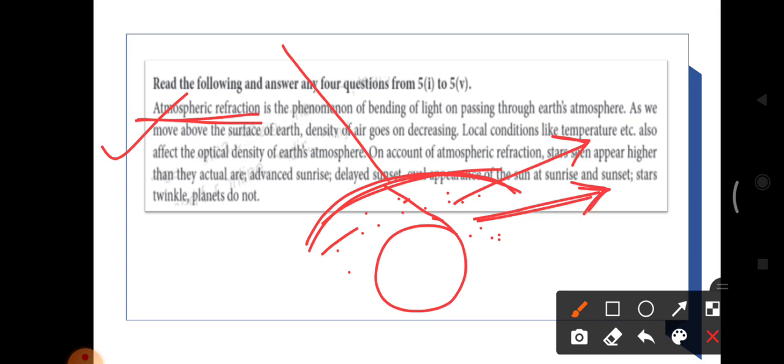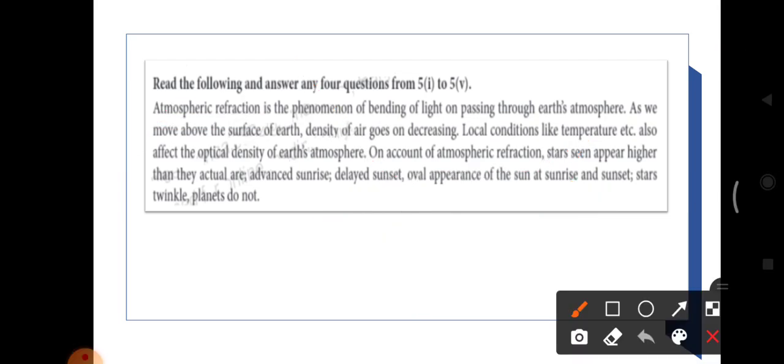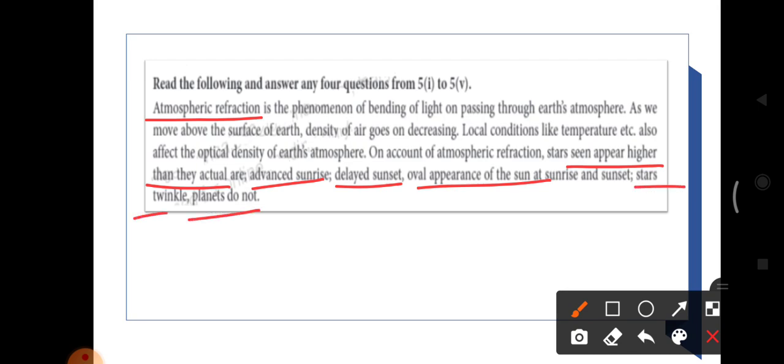It can change from time to time. Due to that atmospheric refraction, we can see the star appear higher than it actually is. Advanced sunrise, delayed sunset, oval appearance of the sun at sunrise and sunset. And stars twinkle, planets do not twinkle.